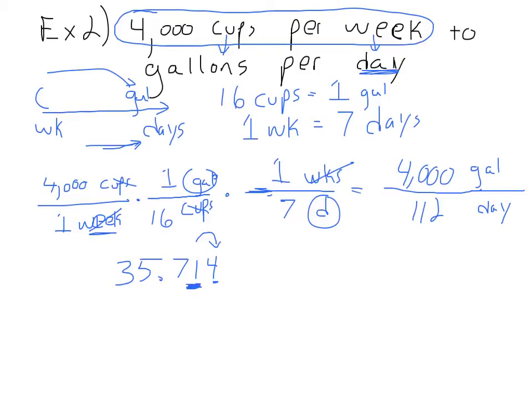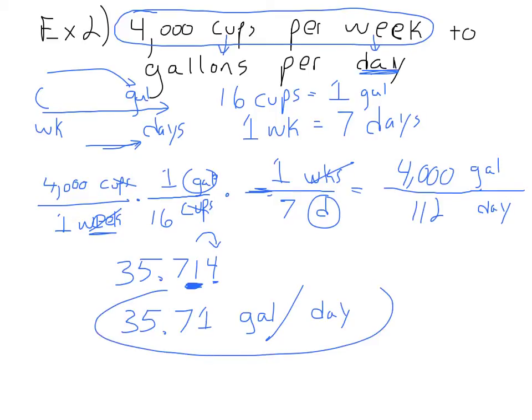And remember, we're always talking about the one that we underlined, the hundredths. So the answer on this would be 35.71. And then don't forget your units, gallons per day. We are still making way too many mistakes on rounding, so we have got to get that down. All right, let's do another example.